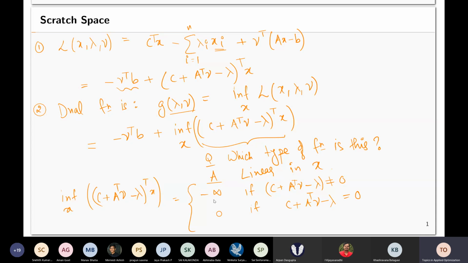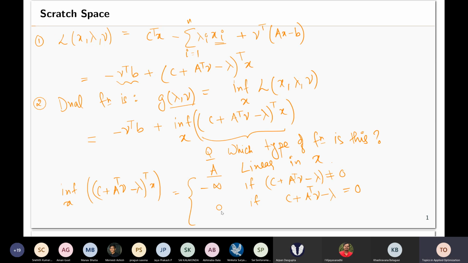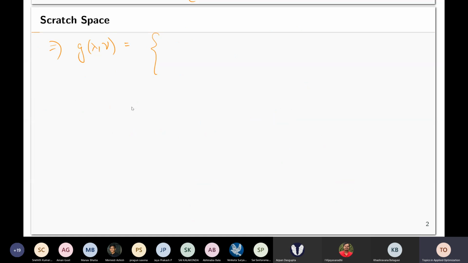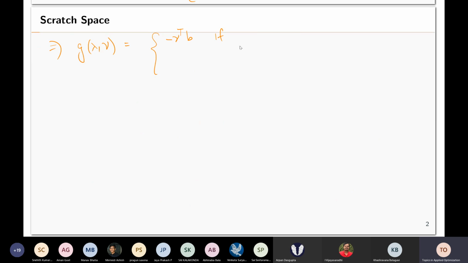So we can now define G of lambda nu. This implies G lambda nu is equal to 0 plus minus nu transpose B, so this will be minus nu transpose B if C plus A transpose nu minus lambda is equal to 0. It is minus infinity otherwise.